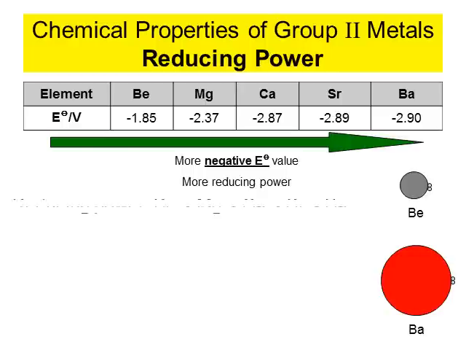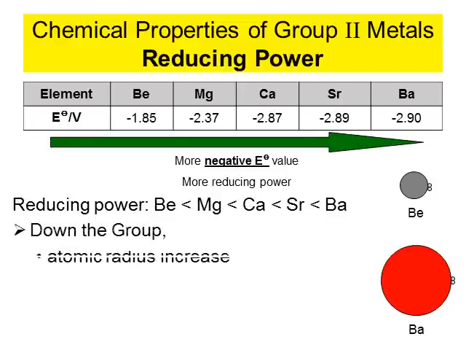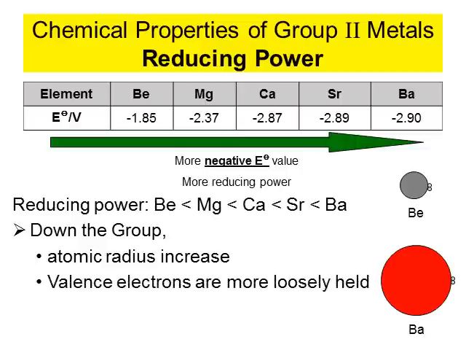Now, one way you can explain the reducing power is based on, of course, the radii again. So actually, everything boils down to our first slide where we talk about the physical properties. That is, how do the radii affect anything? Now, once again, as a reminder, as you go down the group, your atomic radii is increasing. So, what does that mean?